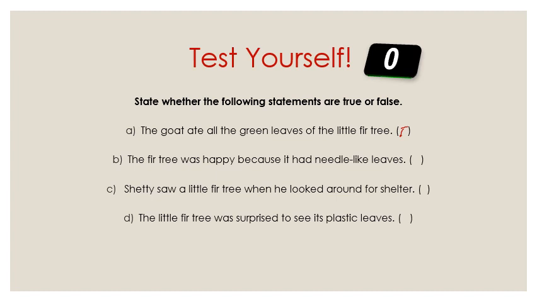Well, whatever we have studied today, we did not find it as such. So it is F, means false. Now, number 3. Shetty saw a little fir tree when he looked around for shelter. Was it so? Very good. This is absolutely true. T for true.